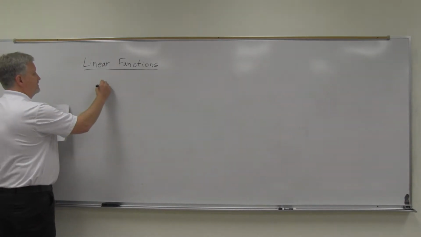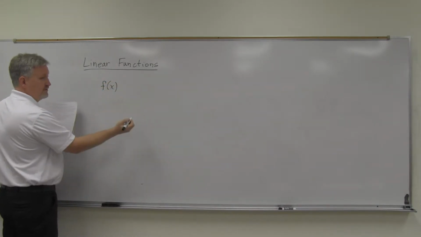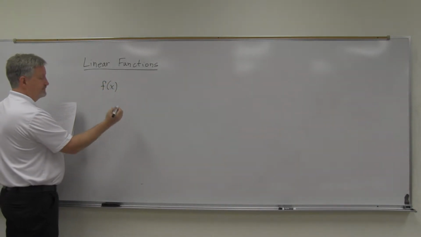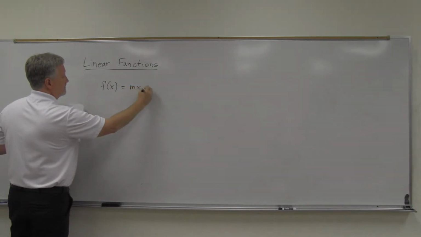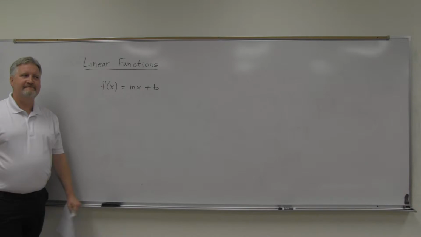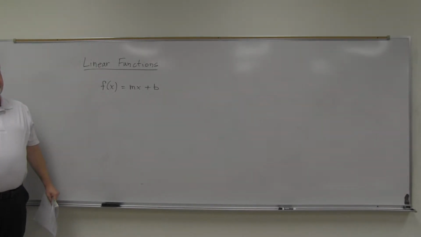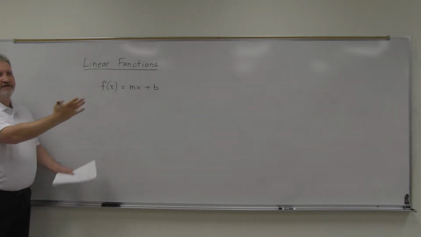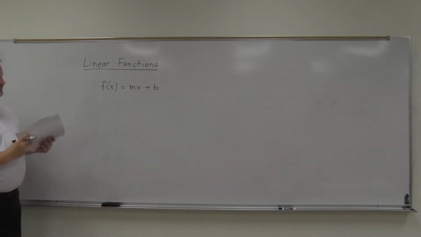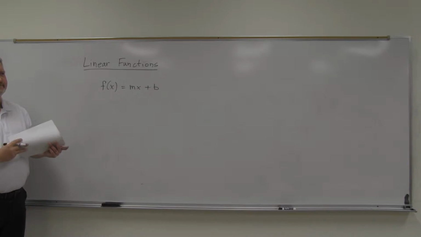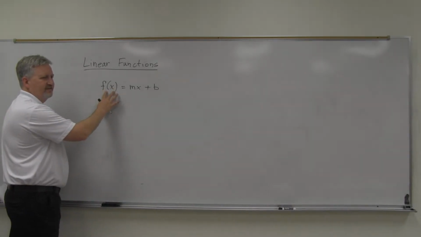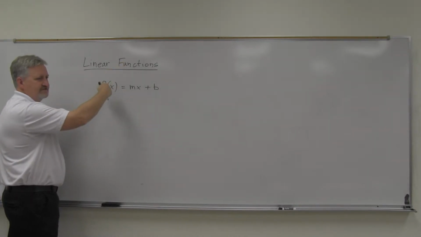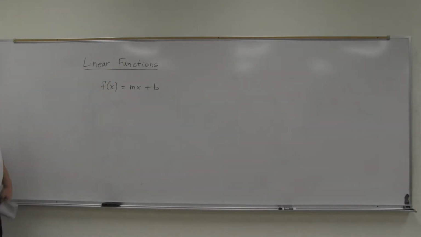A linear function, instead of y equals mx plus b, we're going to use f of x equals mx plus b. So it's the same thing, except instead of y, we've got f of x, or whatever you want to name your function. That's all that has changed here. We've changed the y to f of x, because we're talking about a function, so to designate that it is a function.